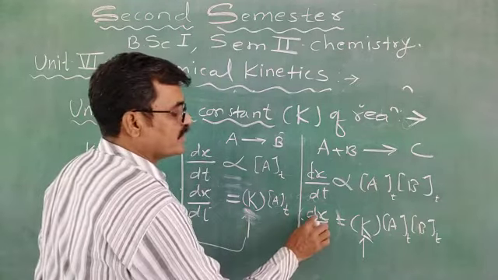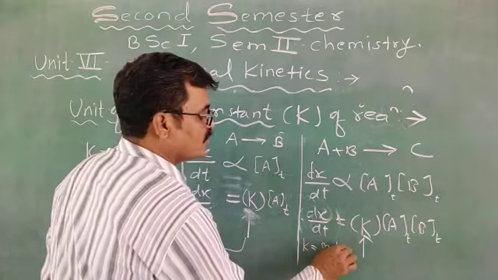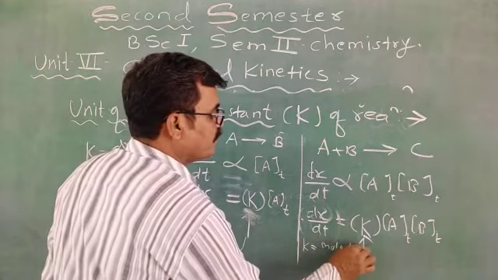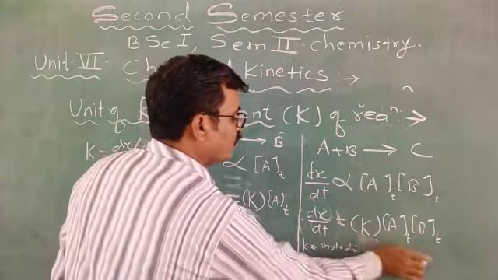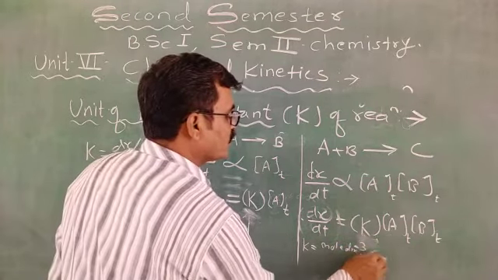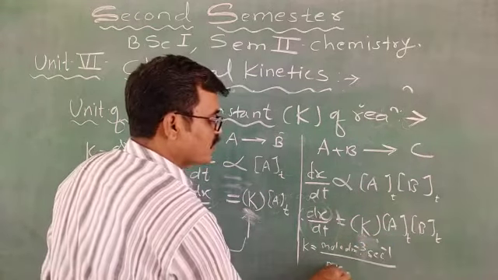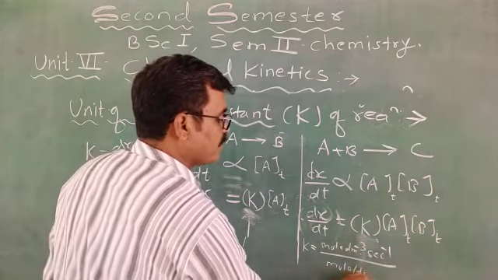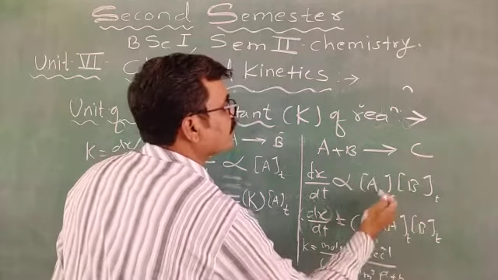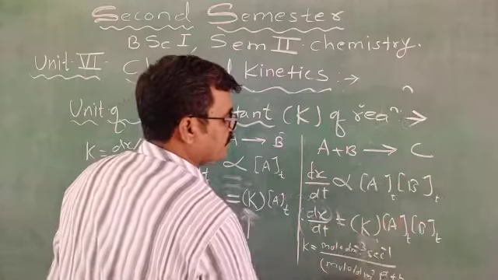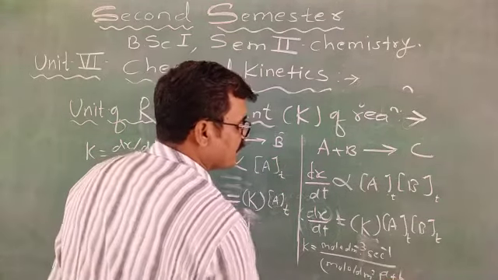Or if we calculate for the same reaction with two reactants, K equals moles per dm cube per second, that is, moles dm cube raised to minus 3, second inverse, upon moles per dm cube raised to power a plus b, because the concentration of A at time t will be a and the concentration of B at time t will be b.